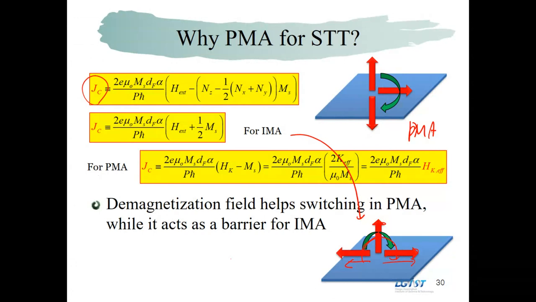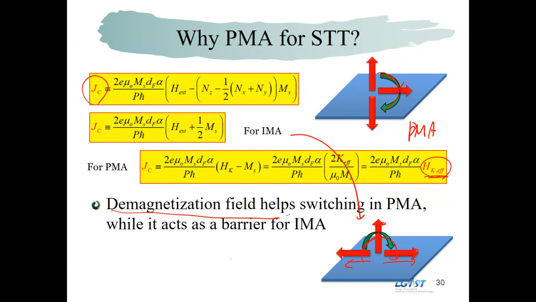But in the PMA case, the trajectory involves the in-plane directions, and to overcome this kind of barrier, we need only this term. Okay, that's why we have a smaller current density for the PMA.